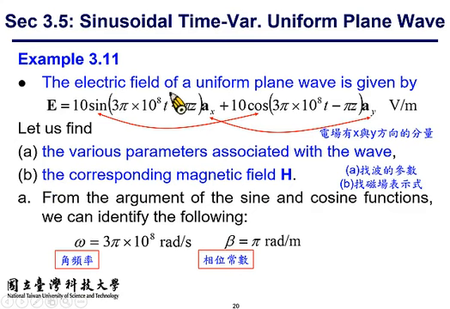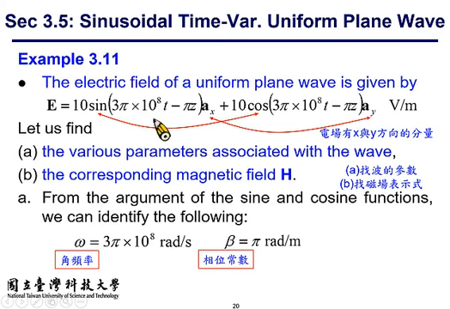Okay, so based on the argument, we can derive some important characteristics of this field. Like I already said, the argument is in the form of omega t minus beta z.